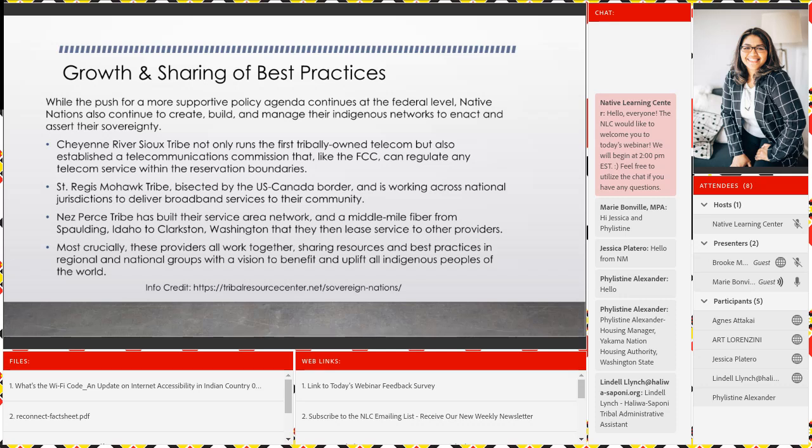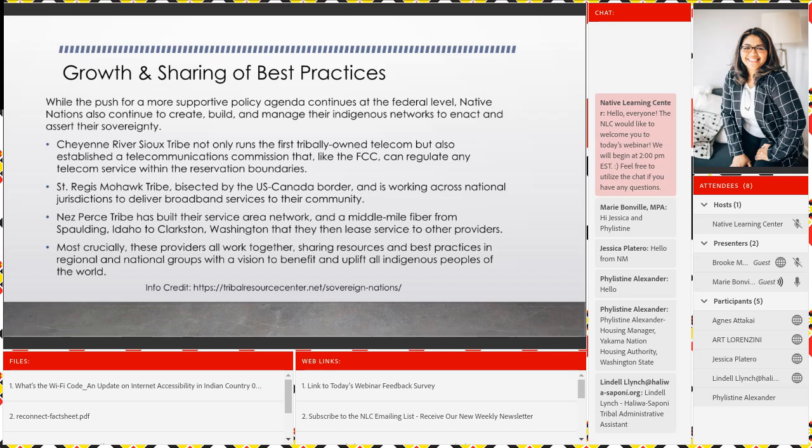So the Cheyenne River Sioux Tribe, as I mentioned before, not only has the first tribally owned telecom, but also established a telecommunications commission. So much like the FCC, they can regulate telecom services within the reservation boundaries. That's huge as a capacity flex, and also shows the idea of self-governance. This is exactly what this looks like.